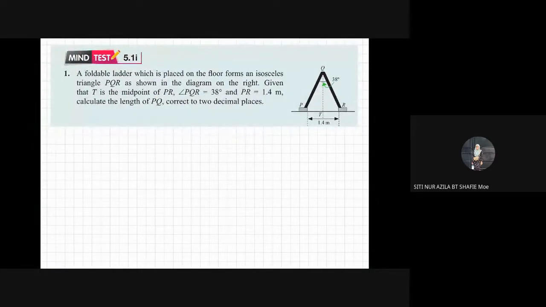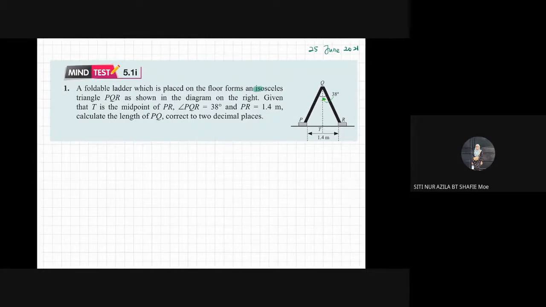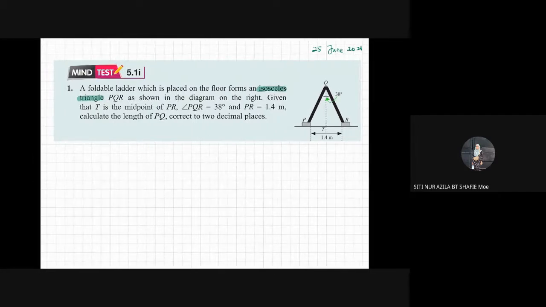So question 1. A foldable ladder which is placed on the floor forms an isosceles triangle, which is a triangle with two same sides. Okay, PQR as shown in the diagram on the right.